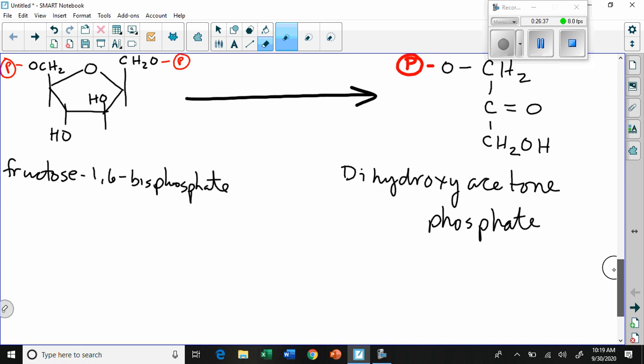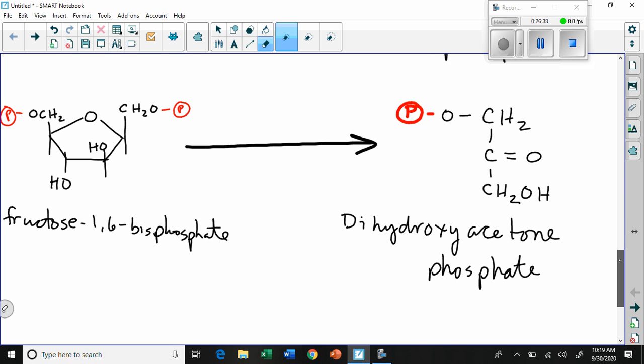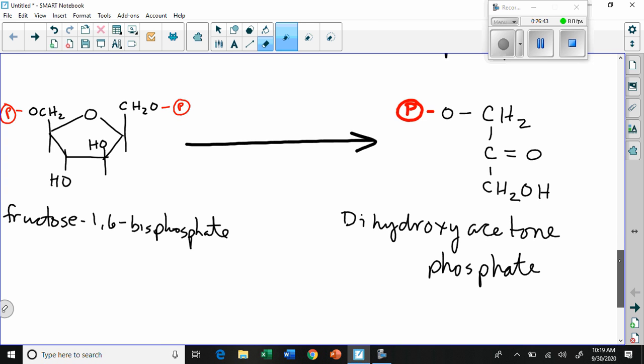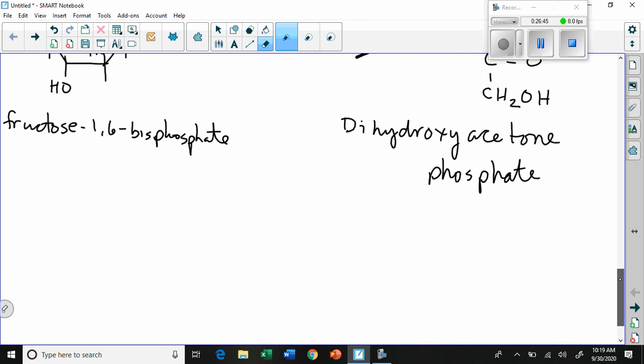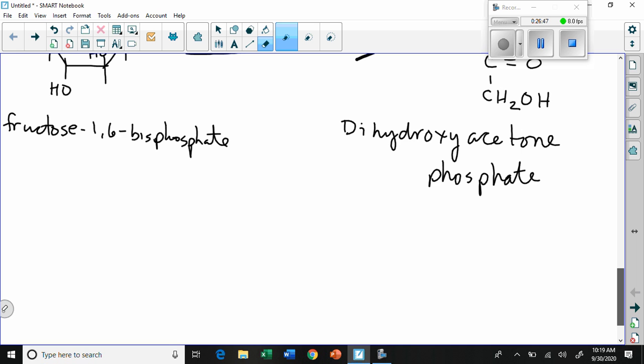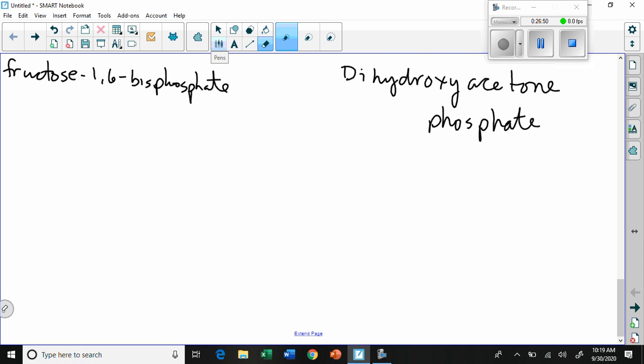What do you mean? The one I'm going to draw now? No. The one I'm going to draw now is the other half of the molecule, right? Let me check.